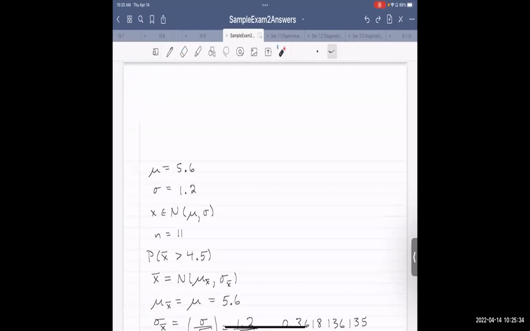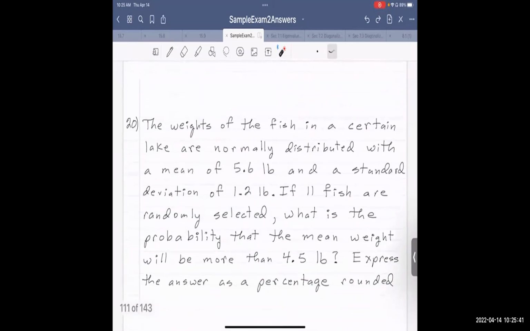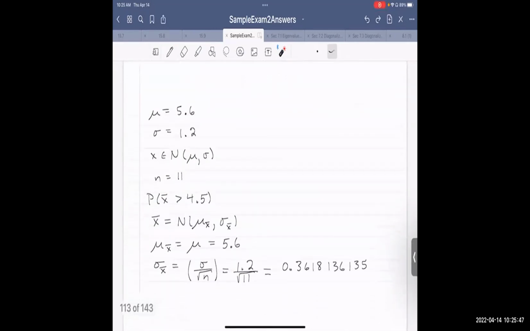So mu is 5.6 and sigma is 1.2. We have that the population is normally distributed. Therefore, we're sampling from a normally distributed population.